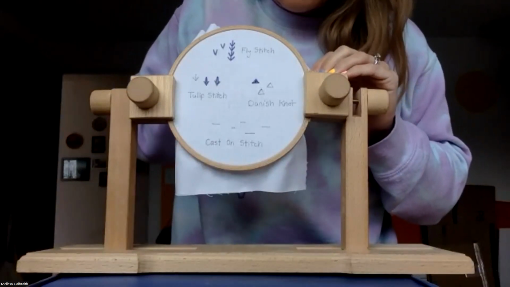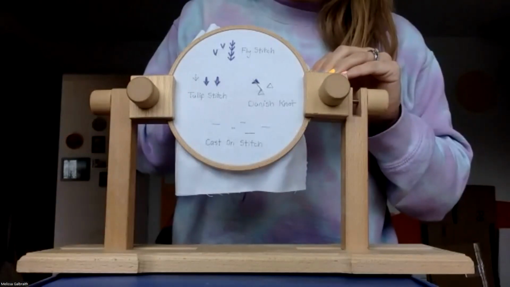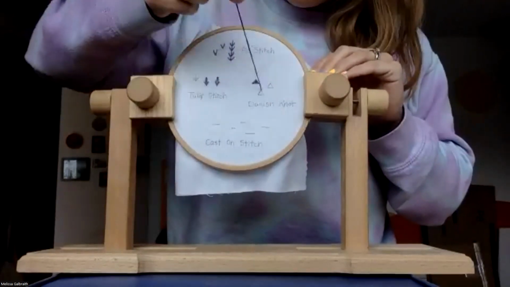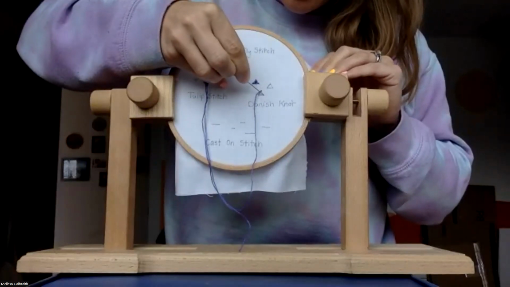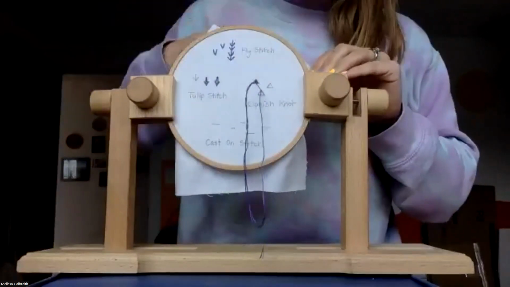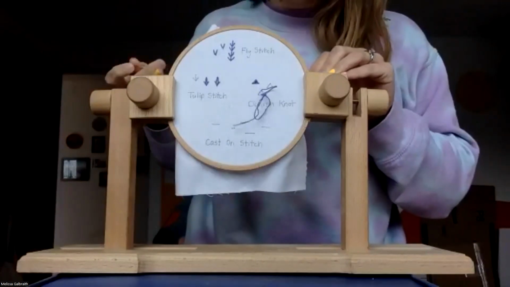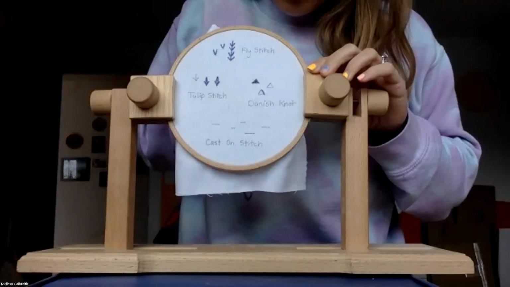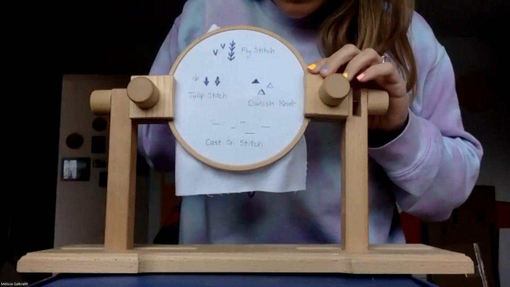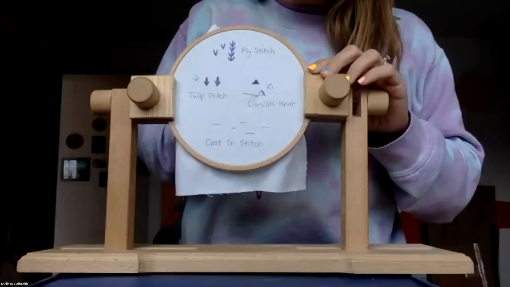Let me do that again because I know it's a little funky when you first get started. So bring your needle up at the top point of your triangle here, and then we want to make a straight stitch down one side of our triangle. Then we want to bring our needle up in the other bottom corner of our triangle right there.